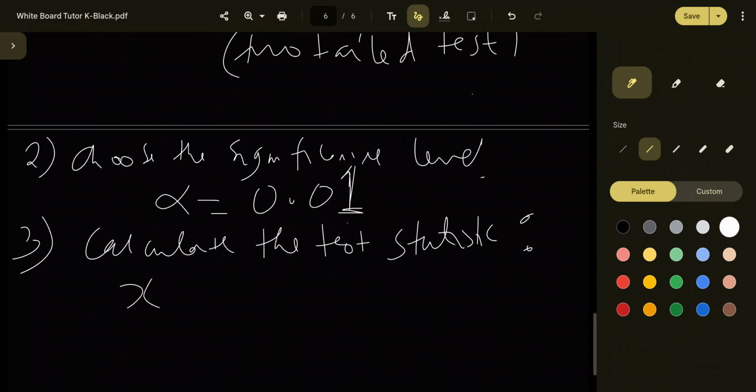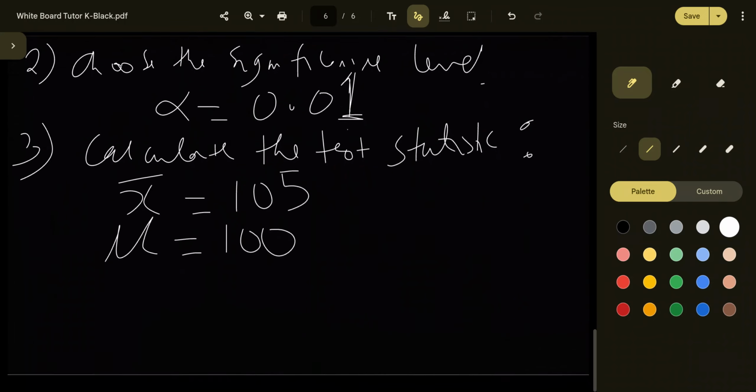We are going to use x bar, which simply means the sample mean. What is our sample mean? We have the sample mean of 105 according to the question. What is the population mean? The population mean, given as mu, is 100.